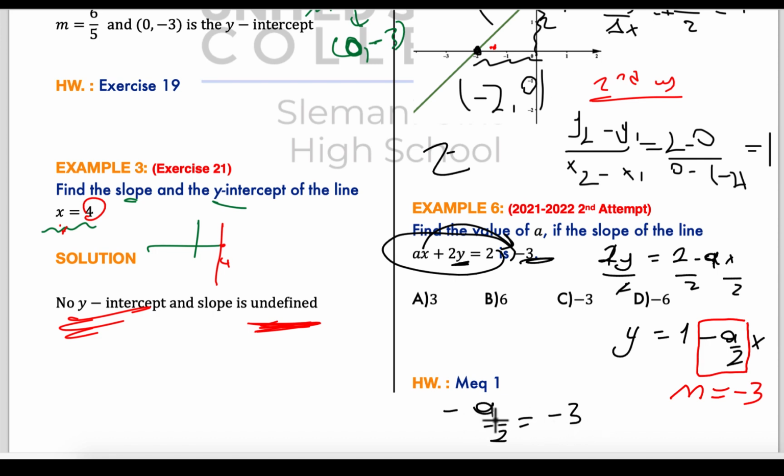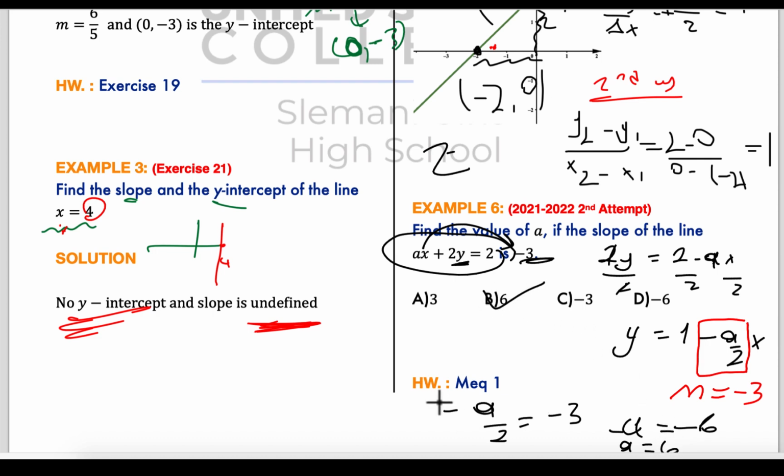So they're identical. They are supposed to be the same. So we are equalizing them. Let's cross multiply them. Negative a equals 2 times negative 3, negative 6. Let's get rid of negatives. So a is equal to 6, which is option B.